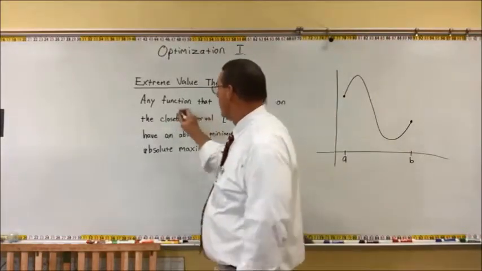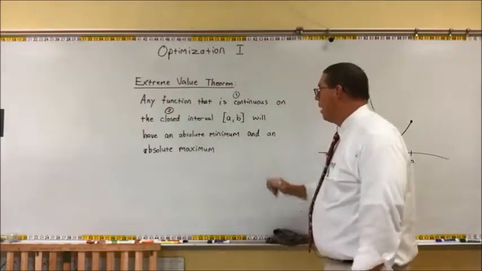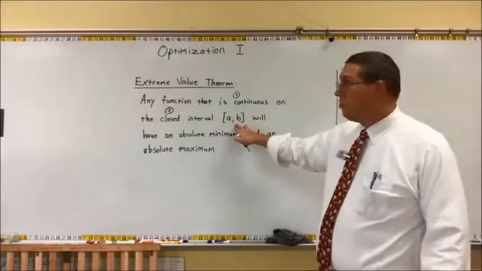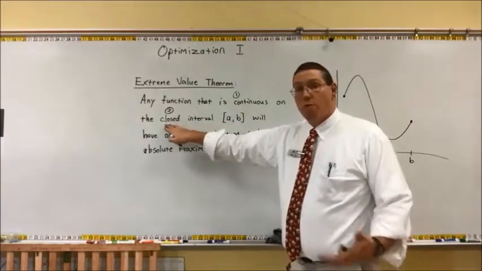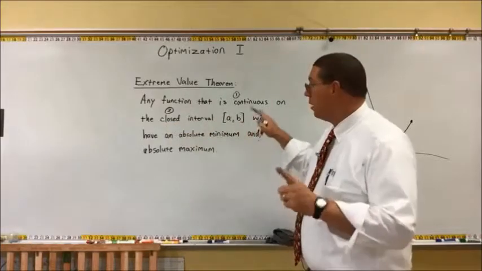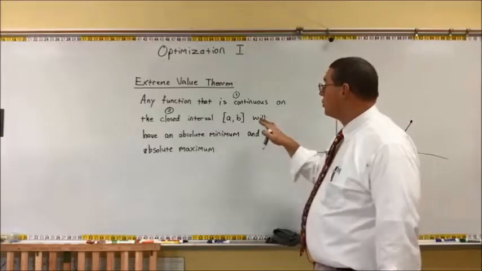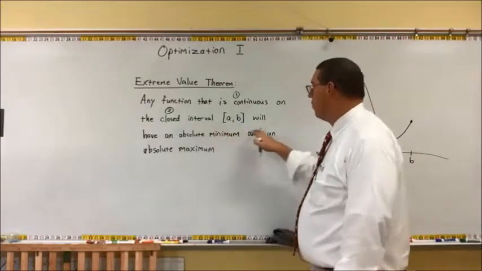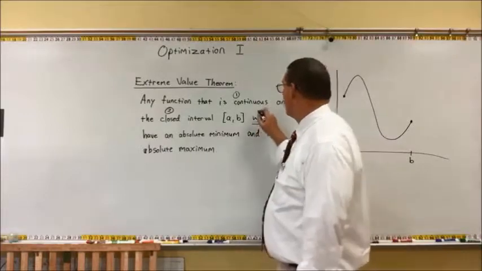So that's the second premise, that it has to be on a closed interval, and this a and b, those are x values. So the fact that they're brackets, that means that it is a closed interval, so this interval includes a and it includes b. So any function that's continuous on a closed interval will, absolutely will, here is our conclusion.